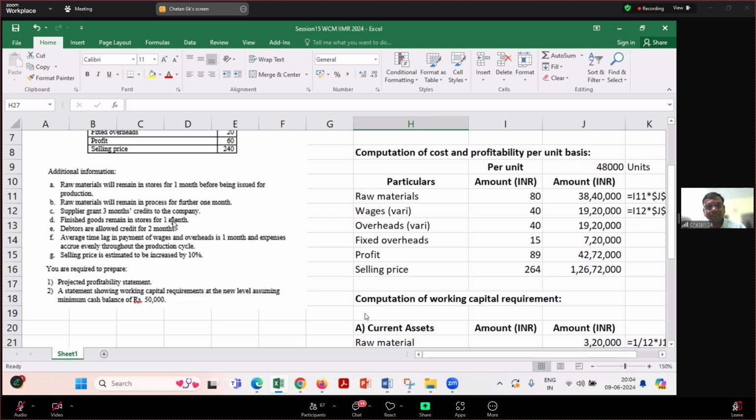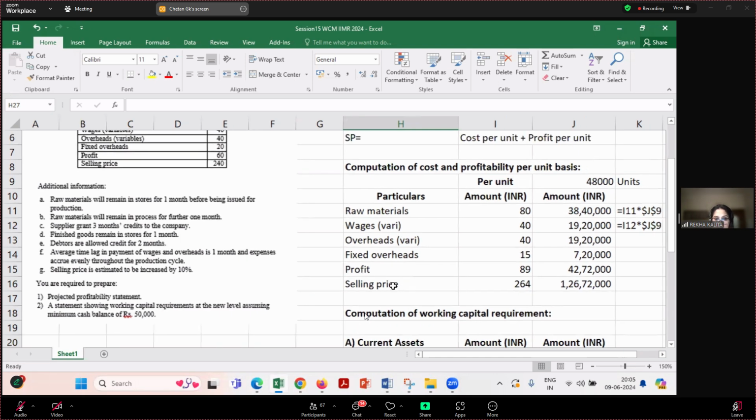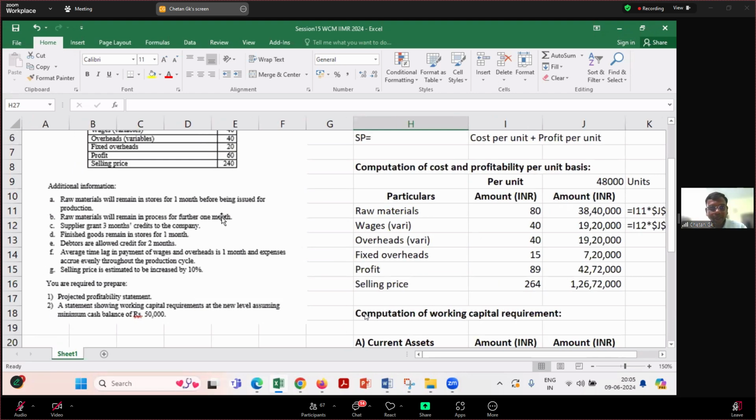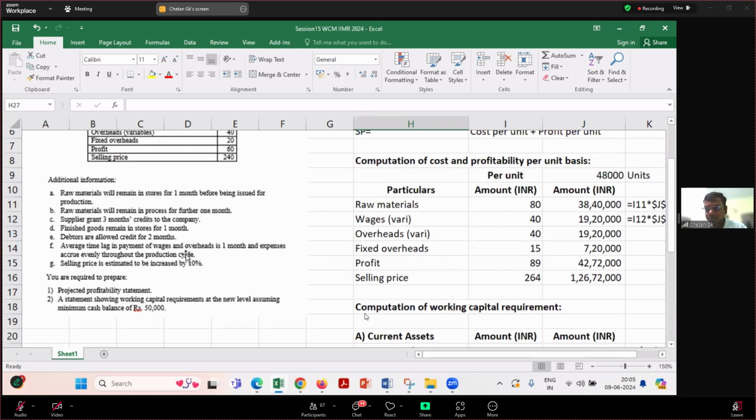So it is more than a month and less than 3 months. But sir, we are calculating raw material for 1 month because it is given as 1 month, but some items are there for 2 months as well. Not every item is 1 month. But you're asking for the total cycle of the working capital. Yes, sir. So I can say that it is slightly more than 1 month.